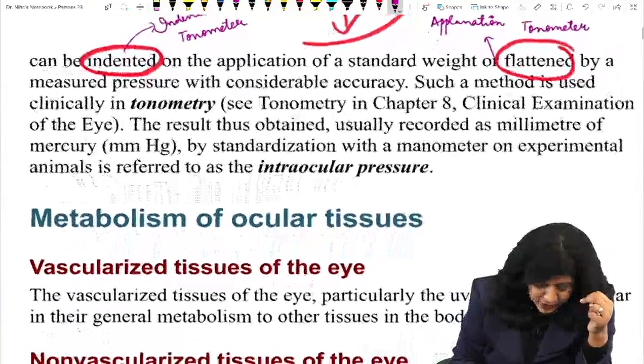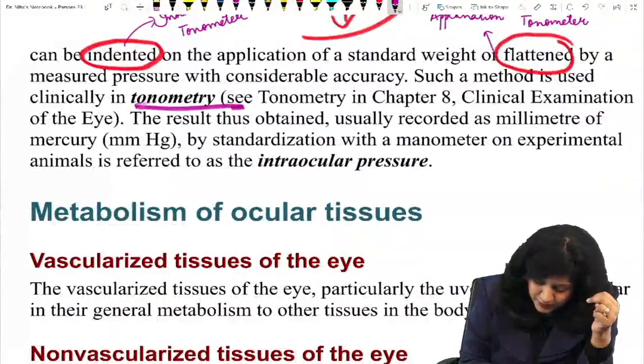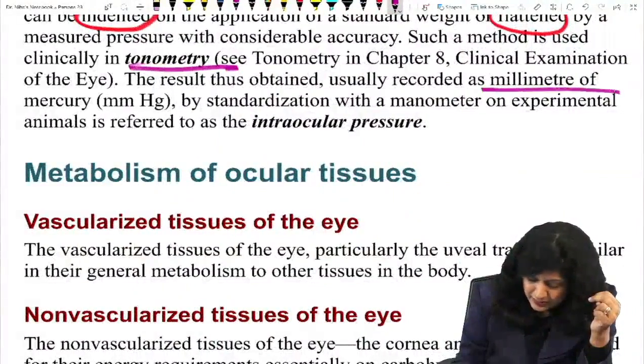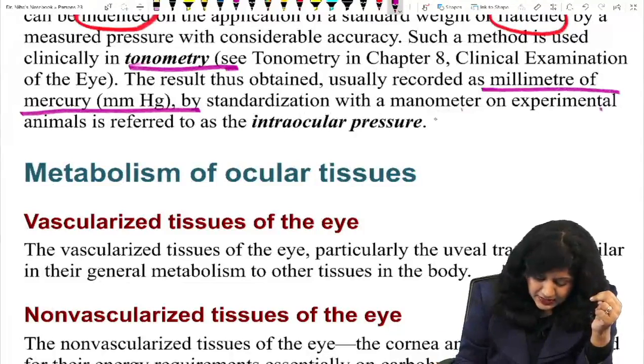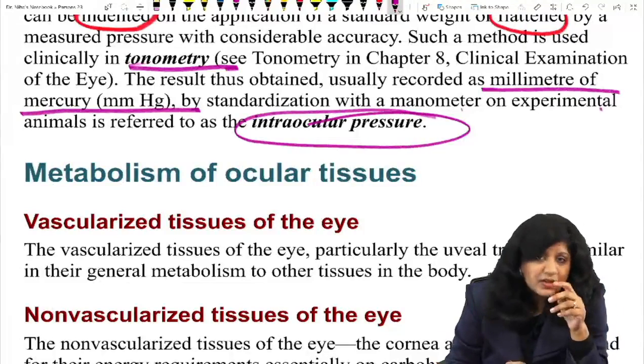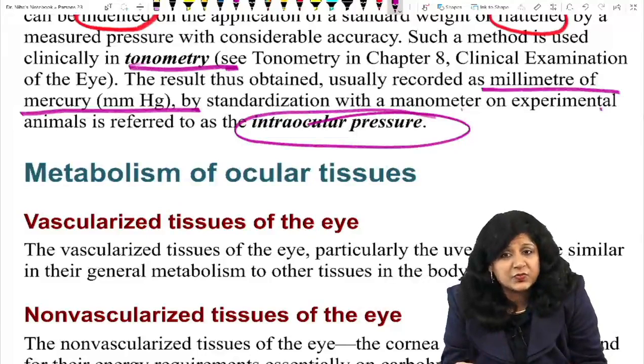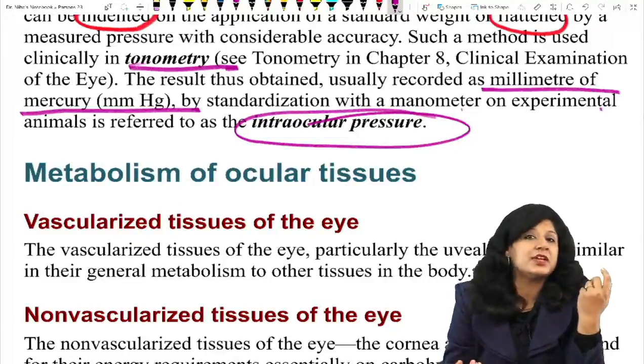Such a method is used in tonometry that you will be seeing in the clinical examination. The result is usually recorded as millimeter of mercury, that is the unit, by standardization with the manometer on experimental animals, and that is intraocular pressure. So you have seen the drainage, how it can increase, what are the conditions where it is increased, and how you can measure the intraocular pressure.